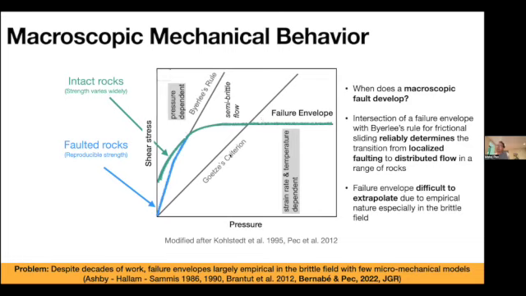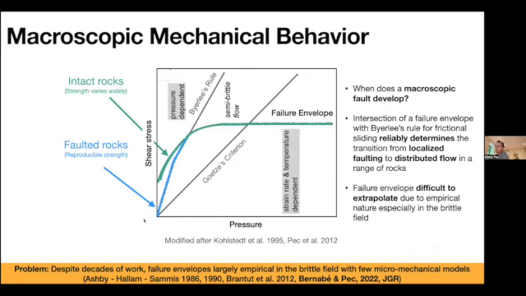The typical brittle ductile transition, essentially defined on this length scale, comes from experiments where we increase the confining pressure, which is shown here on the x-axis, and we measure the shear stress that is necessary for the rock to start failing, basically the peak strength that it can reach.